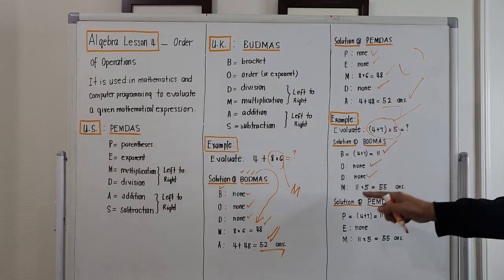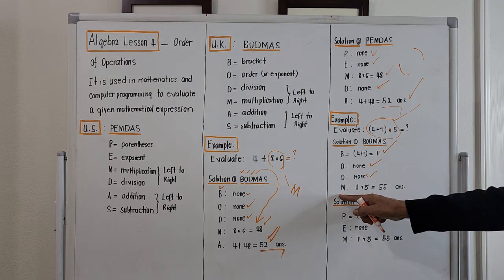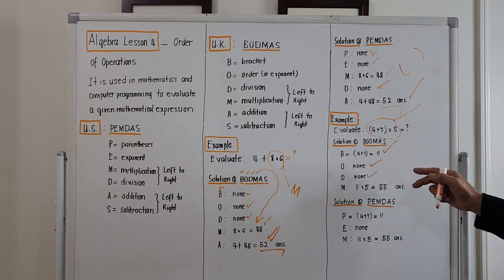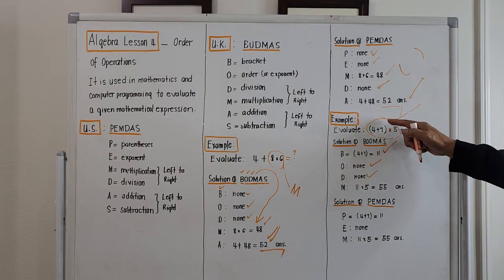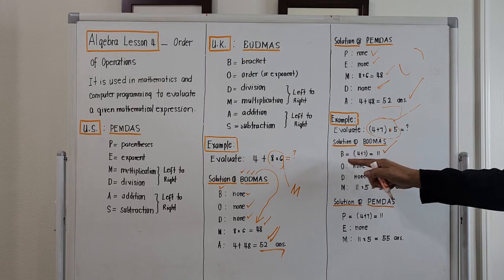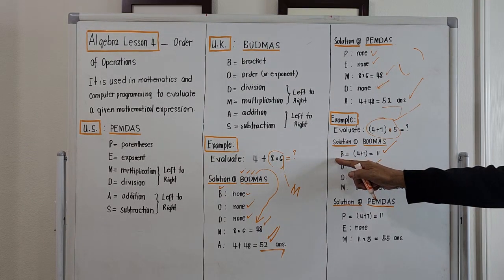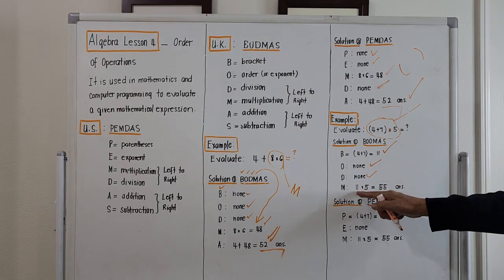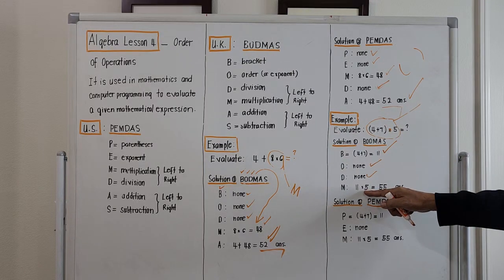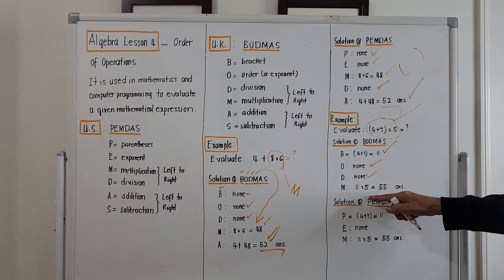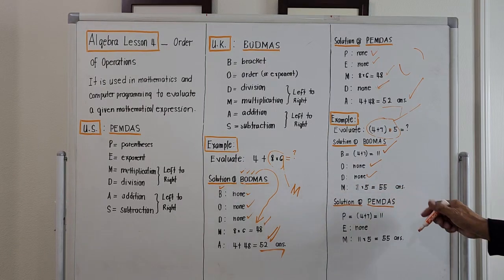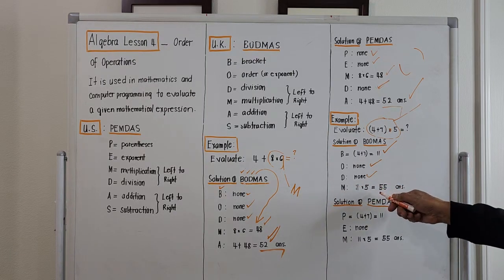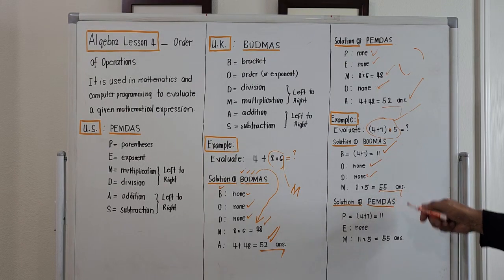So under the operation multiplication, we should be computing a certain value. We now know the value of this from the B operation, from the bracket operation. That's 11, and this is times 5, because the operation is multiplication. If we multiply 11 by 5, the answer is 55. So this is now our final answer.